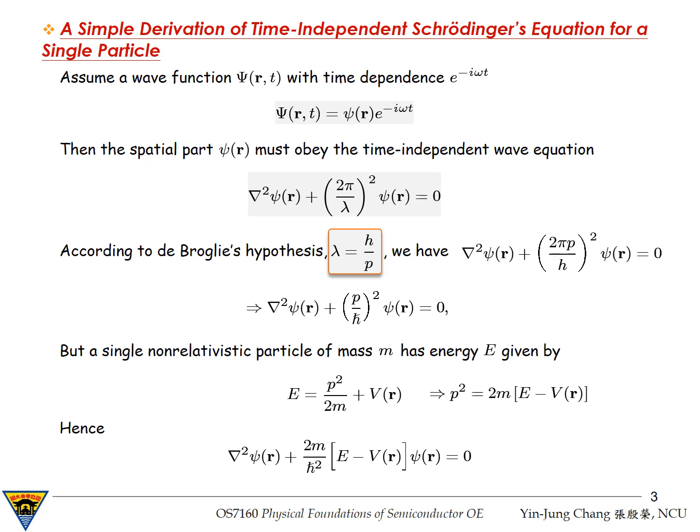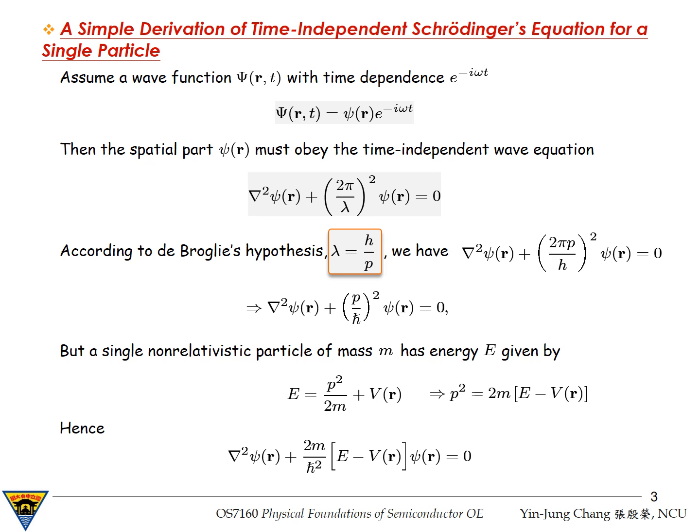Now we insert this expression for p squared into the equation shown here. We obtain the last equation shown at the bottom of this page. This is already very close to the standard time-independent Schrödinger equation.